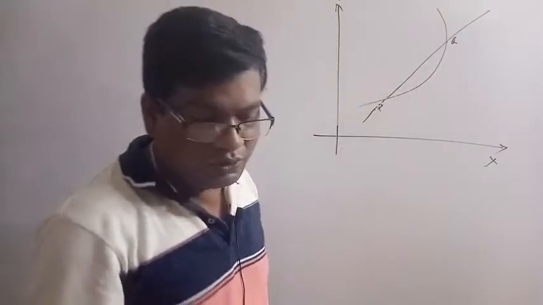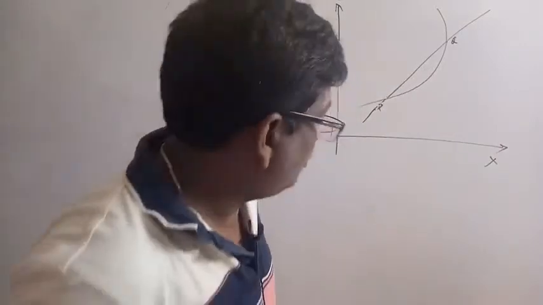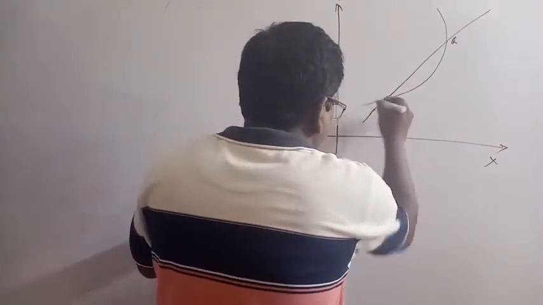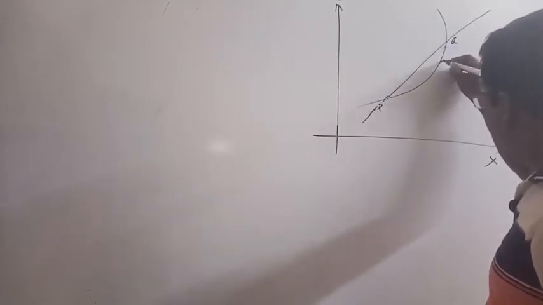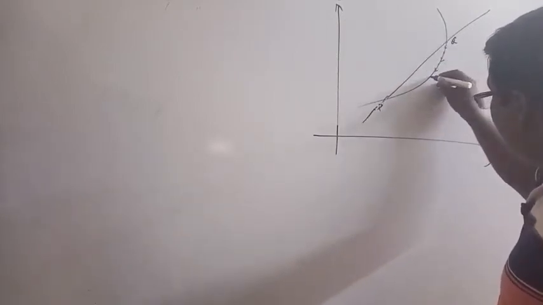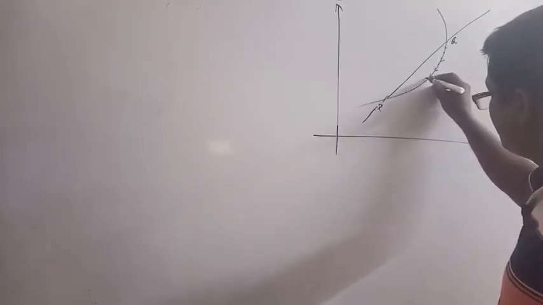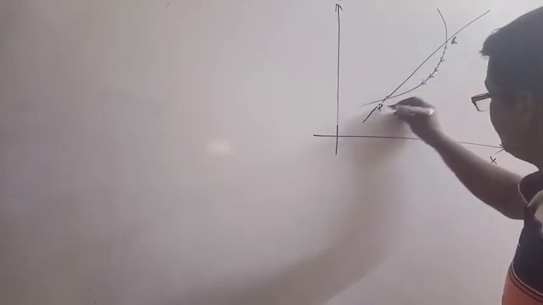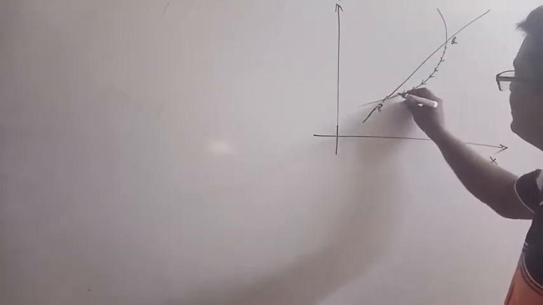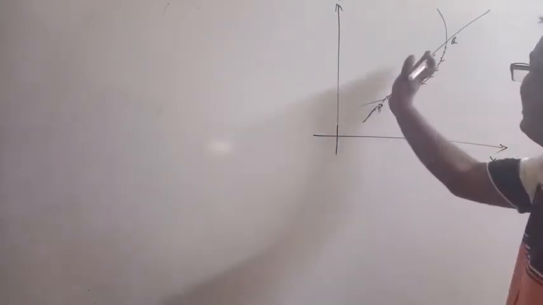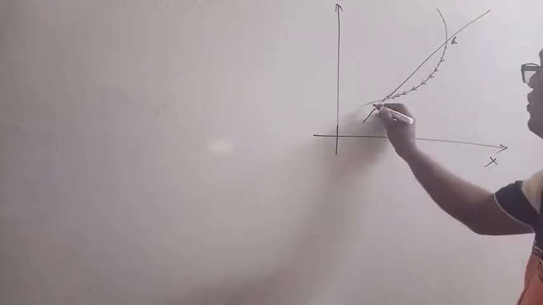If this point moves and comes here, this point Q approaches the point P, like this. So the line rotates like this.